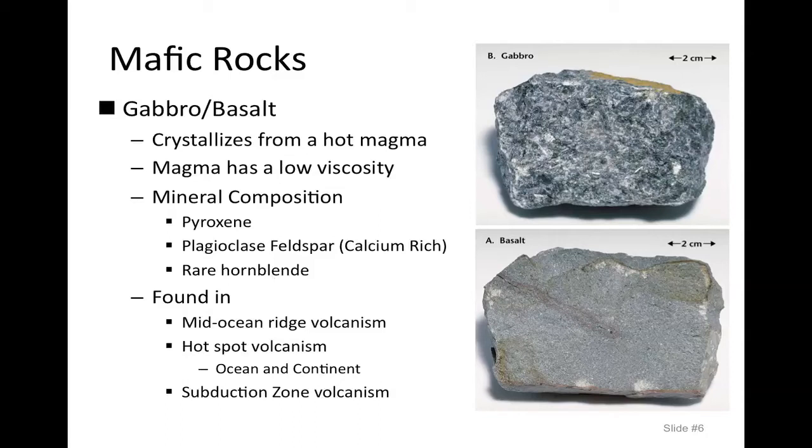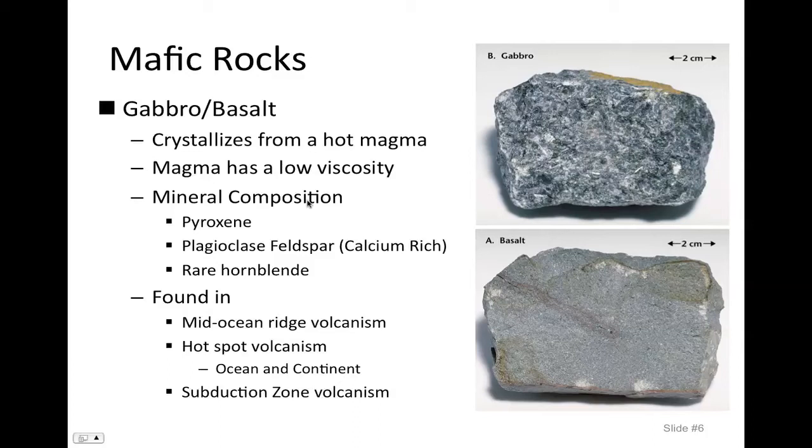The magma is going to be very hot as well, and it's going to be cooler than the ultramafic magma if there was any in existence today, but it's going to be warmer than the other two rock types we're going to talk about here in just a moment. So generally the magma is going to have a very low viscosity in comparison to the next two we're going to talk about.